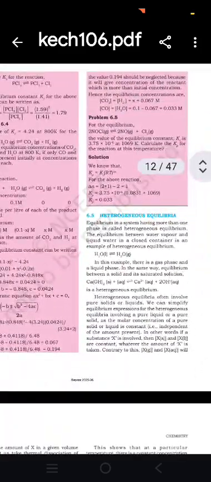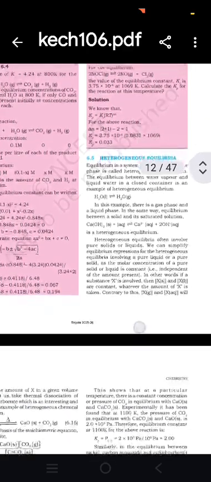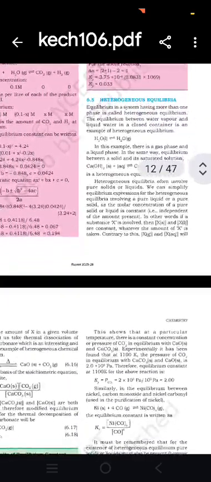Now we discuss the topic of heterogeneous equilibrium. Equilibrium in a system having more than one phase is called heterogeneous equilibrium. The equilibrium between water vapor and liquid water in a closed container is an example: H2O(l) gives H2O(g). Here there are a gaseous phase and a liquid phase.